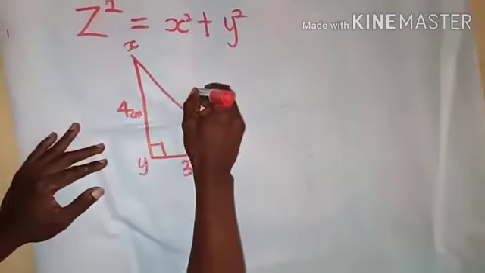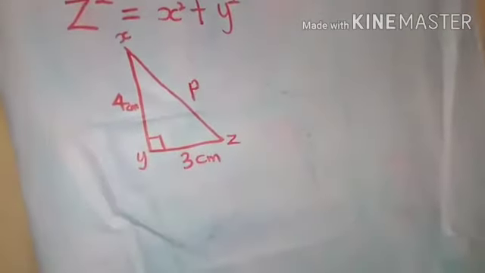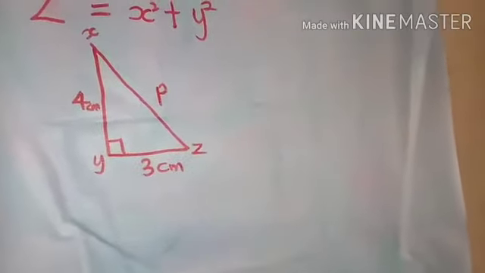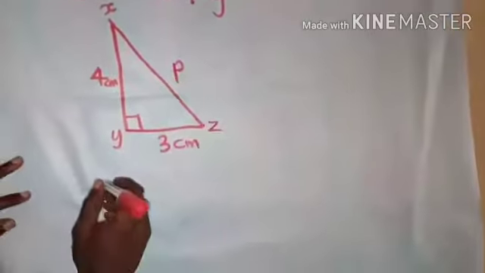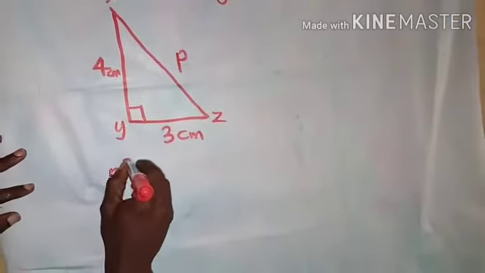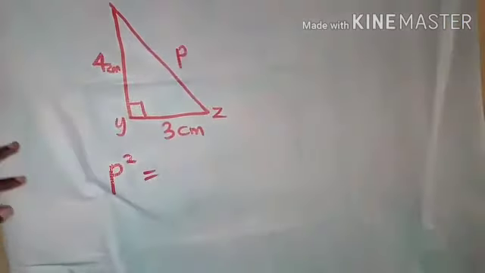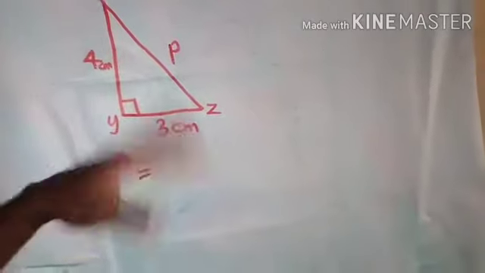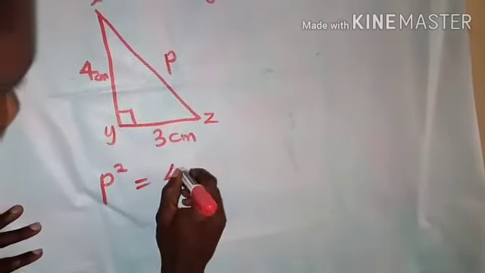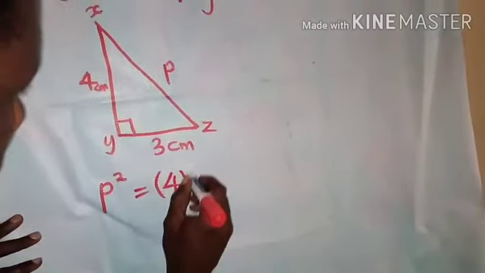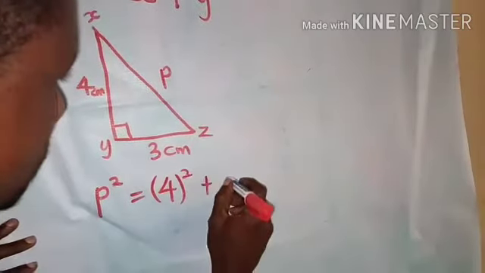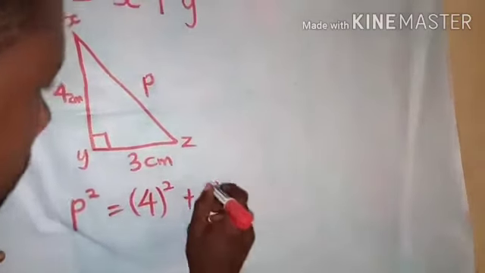Let's say we're looking for P. From the definition of Pythagoras theorem, the square of the longest side, which is P squared, equals the sum of the squares of the two other sides: 4 squared plus 3 squared.